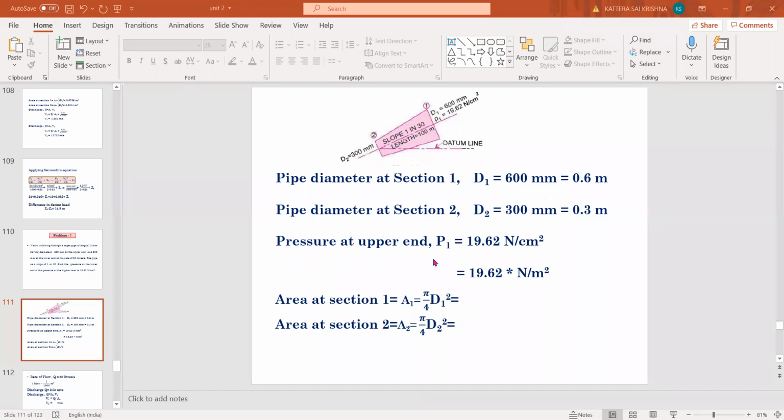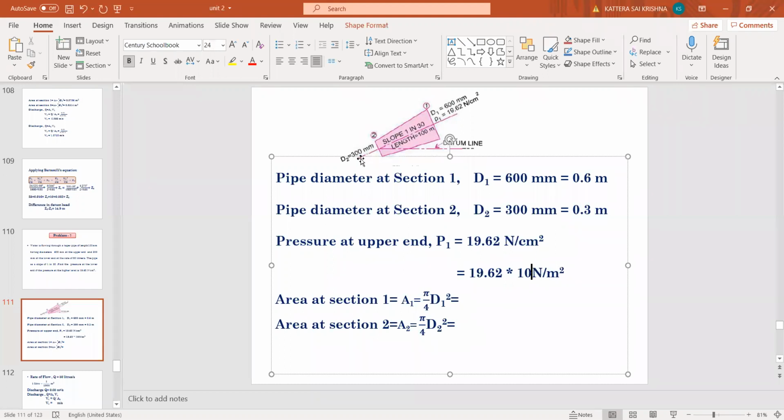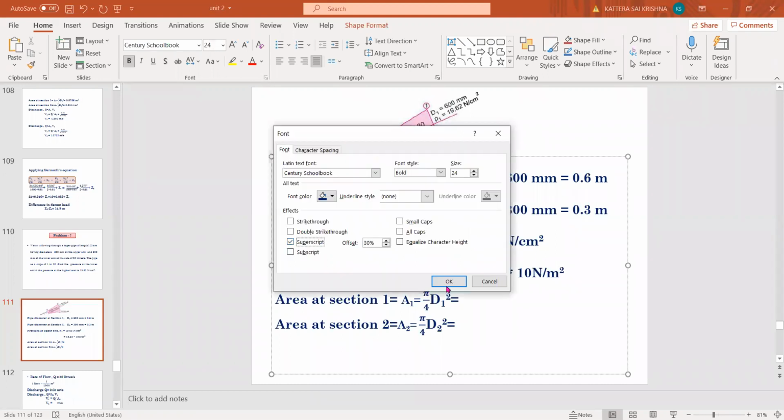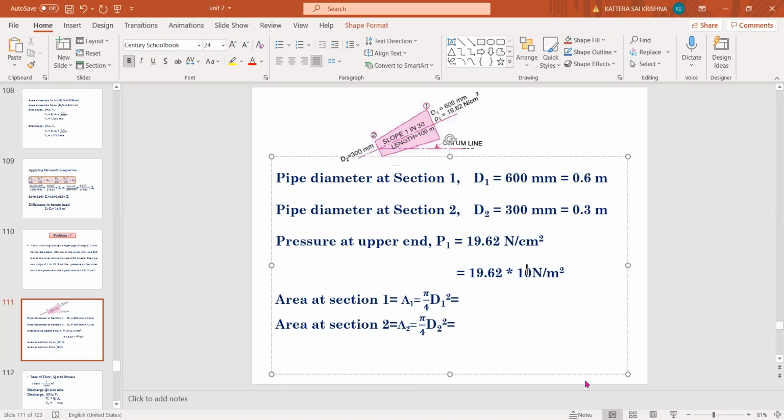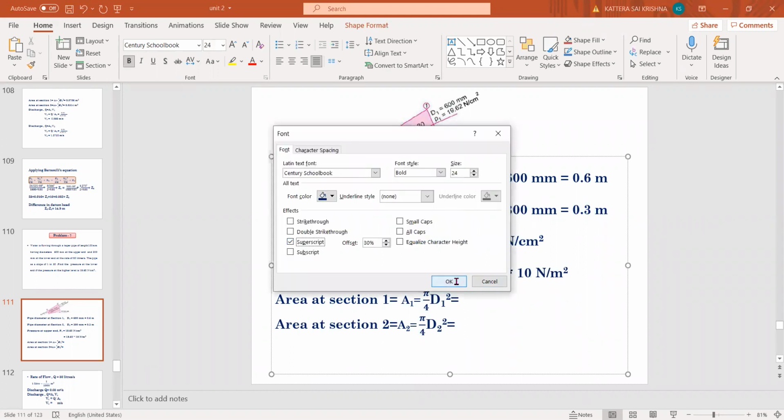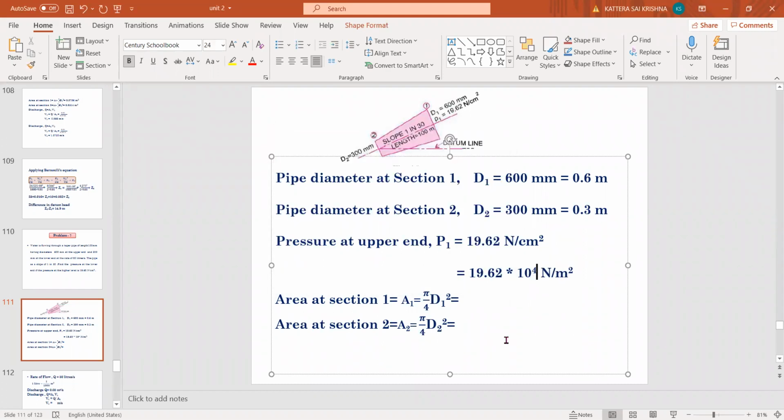Pressure at the upper end, P1, is 19.62 Newton per centimeter square, that is 19.62 into 10 power 4 Newton per meter square.